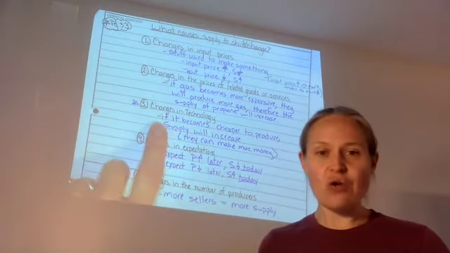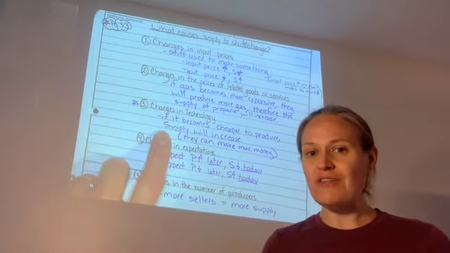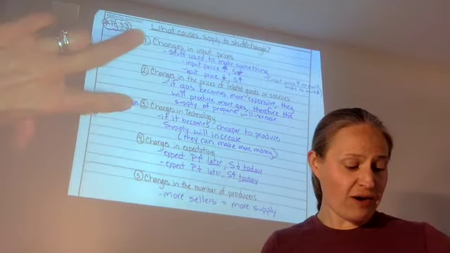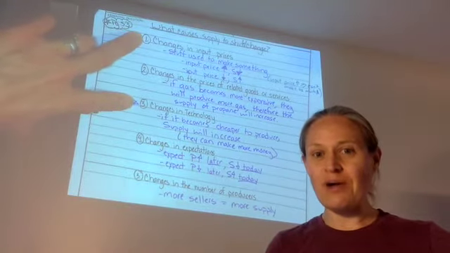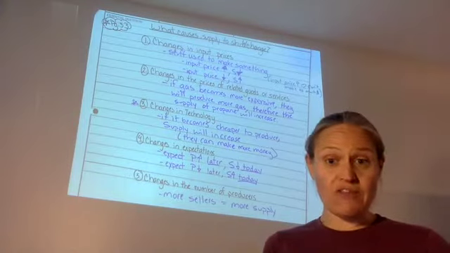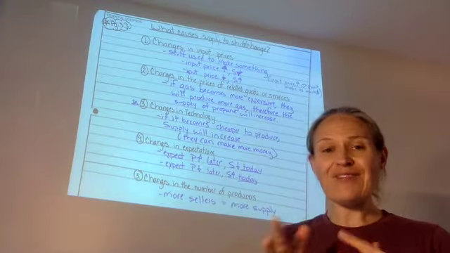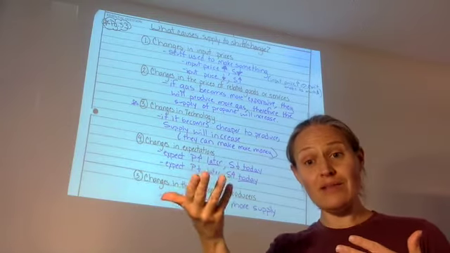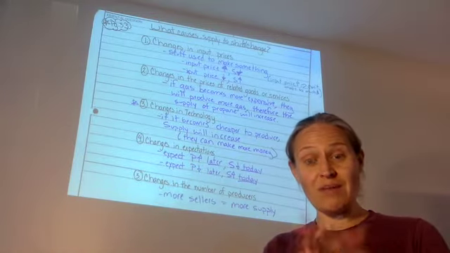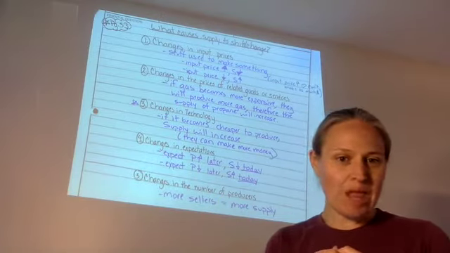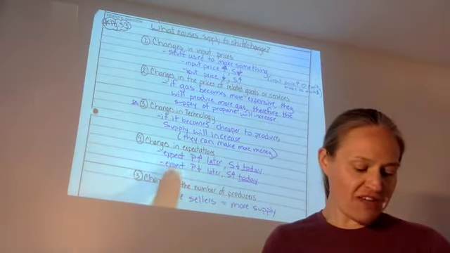So it says here in your notes, if it becomes cheaper to produce, supply will increase because they can make more money. Now that is very similar to changes in the input prices, right? So if the input prices change, it becomes cheaper to produce, therefore supply goes up. And if technology somehow makes it cheaper to produce, therefore they can make more money doing it, therefore supply goes up.